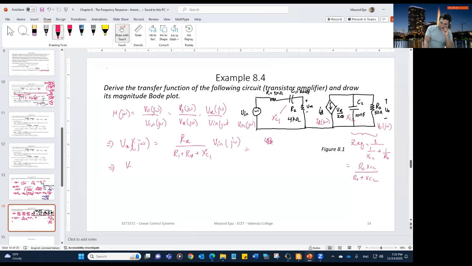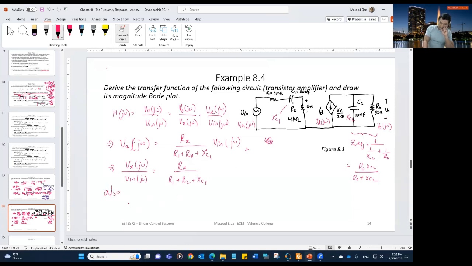So for this one, Vx(j omega) over Vin(j omega) is Rx over R1 plus Rx plus XC1. And from this, V out.